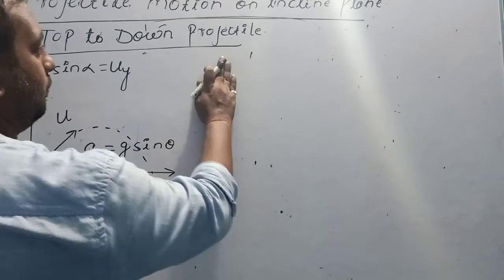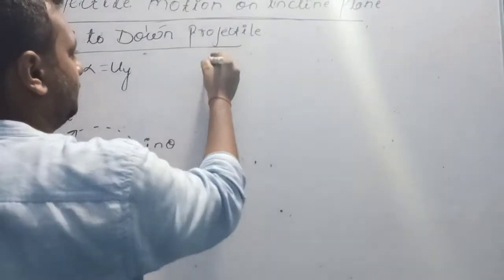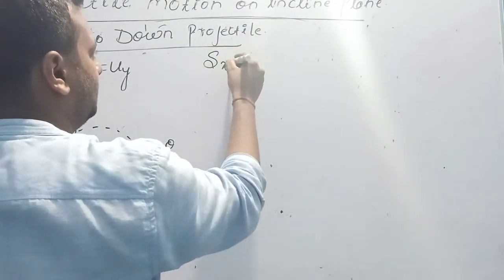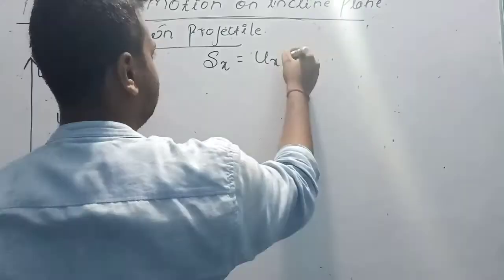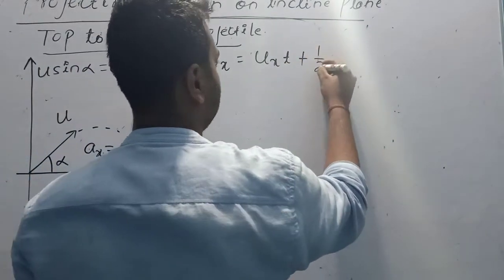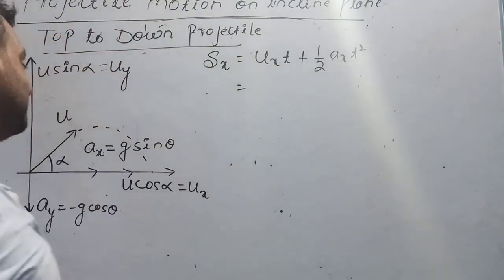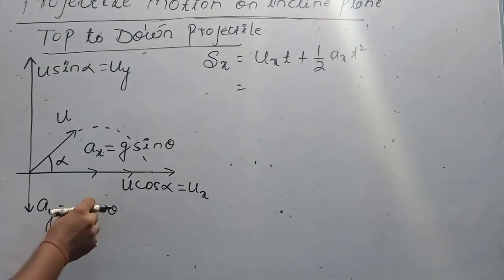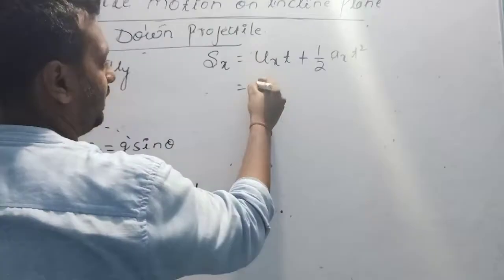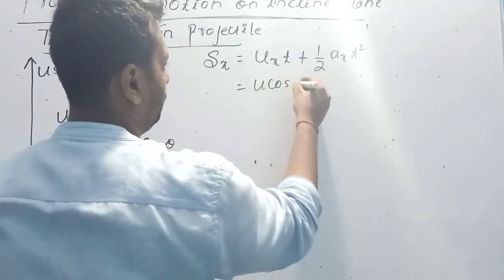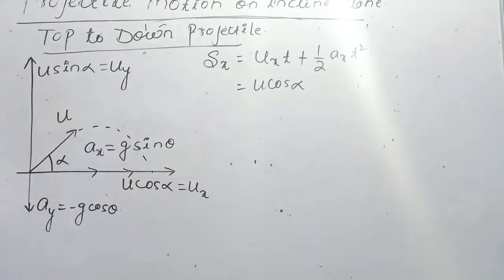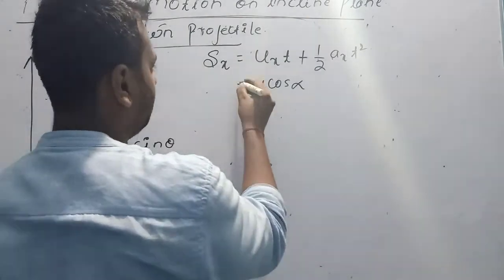So for range we were using the formula Sx is equal to uxt plus half ax t square. Ux, what is the value of initial velocity in x component? U cos alpha. What is the value of time of flight?